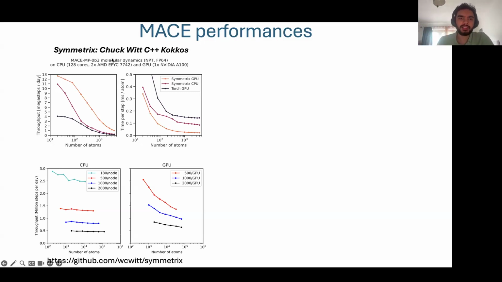And we have worked very hard, notably with Chuck, to basically have a performant implementation of MACE. And this is a reimplementation of MACE in C++. And you can do both CPU and GPU, multi-GPU and multi-CPU evaluation. So you can parallelize using domain decomposition in your system. And you can scale now to even millions of atoms and still have, if you put enough resources, good performance.